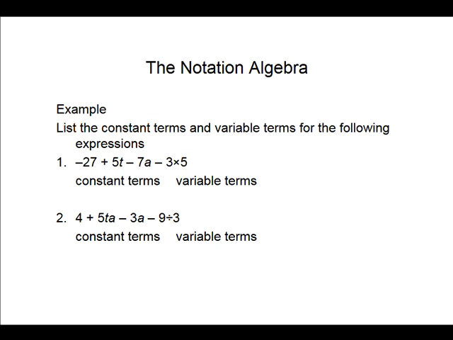So here's an example where we're going to identify the constant terms and the variable terms. Now remember that the negative sign is part of the term. So the green ones are the constant terms. So any term that just contains numbers are constant terms.